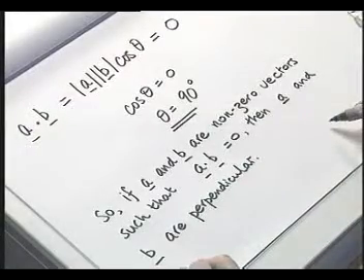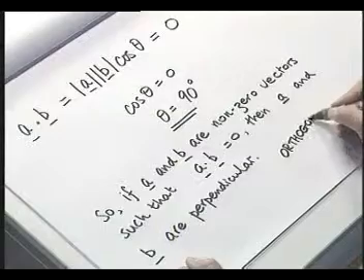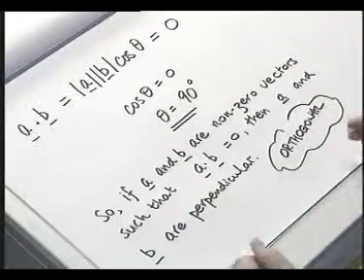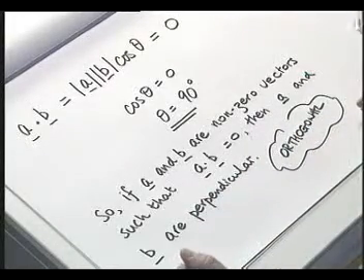They're at right angles. Another word we sometimes use is orthogonal. You may hear that, particularly in more advanced work. Two vectors at right angles, two vectors which are perpendicular, are sometimes said to be orthogonal.